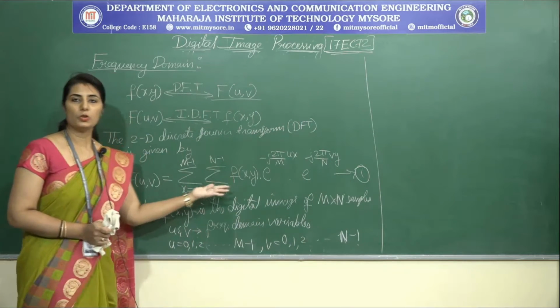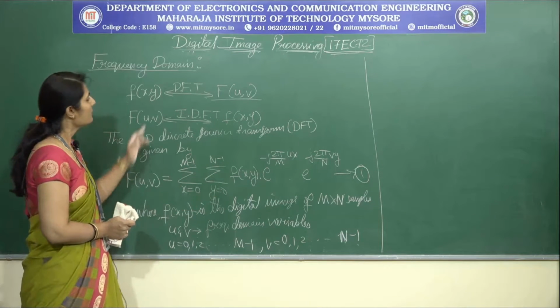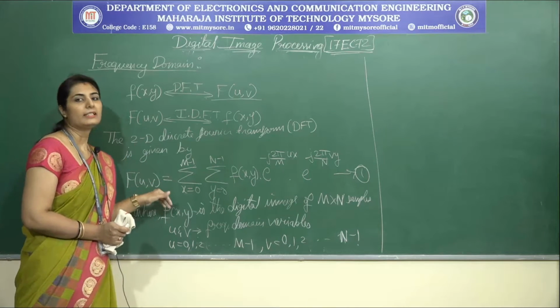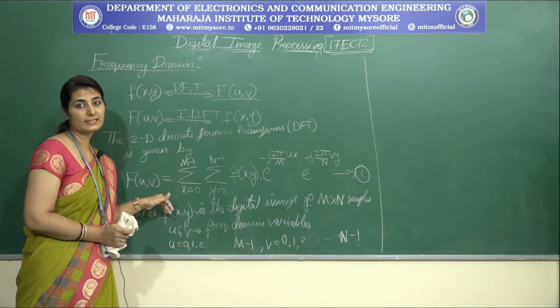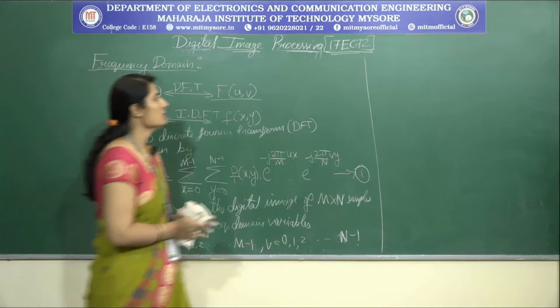To obtain f of x comma y from F of u comma v, we have to perform the inverse discrete Fourier transform.